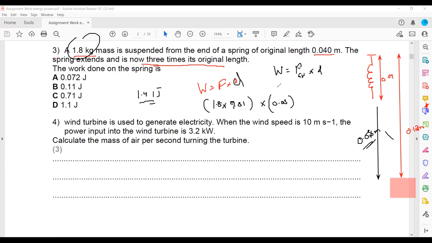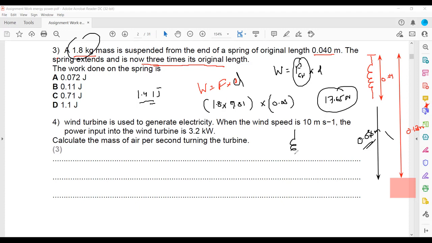So the force which we use here is not the average force. The weight of this object, which is 1.8 times 9.81, is 17.65 Newton. So this 17.65 Newton is the maximum force which acts.